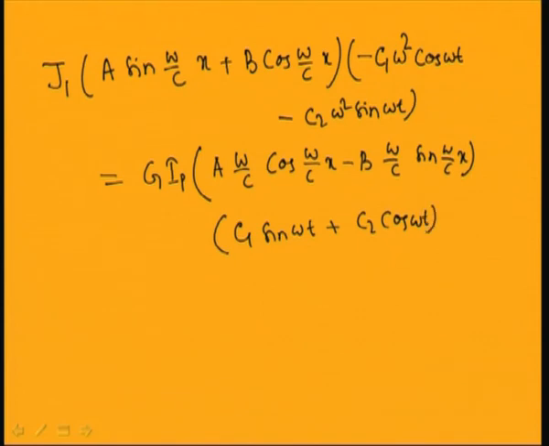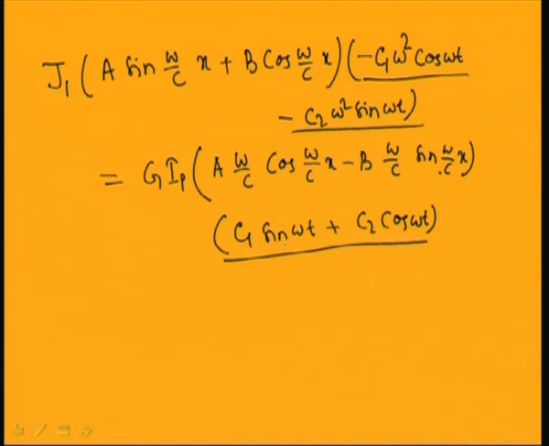You have just differentiated with respect to x, so this is the term you are getting, del theta by del x, and as you have not differentiated with respect to t, the time term remains the same. You can note that this term is equal to minus omega square into this term, so you can cancel it out and write the expression in this way.